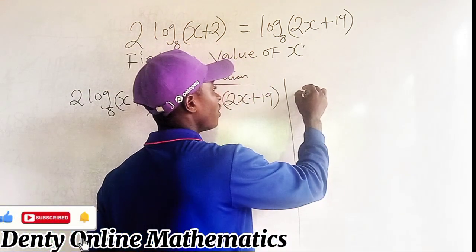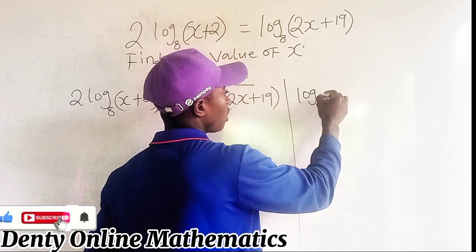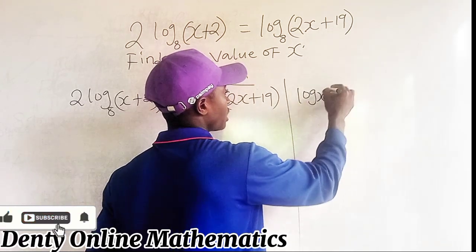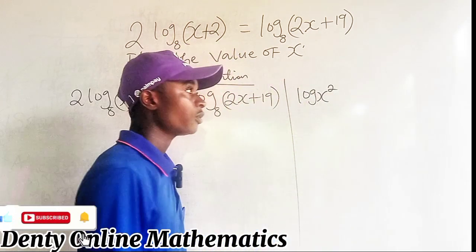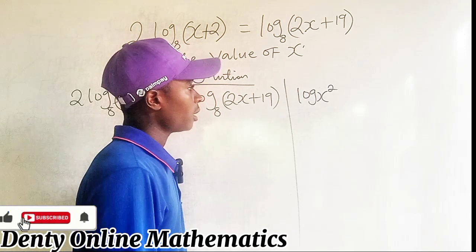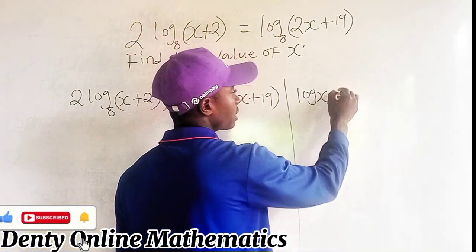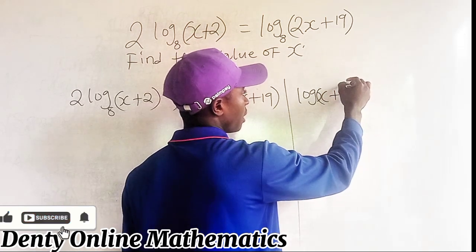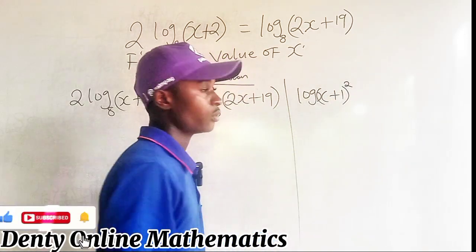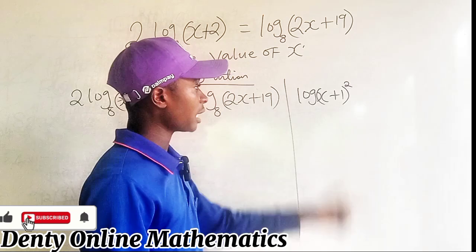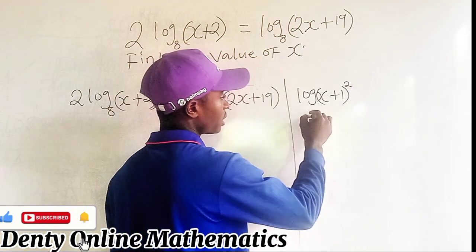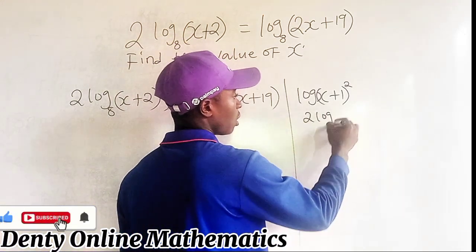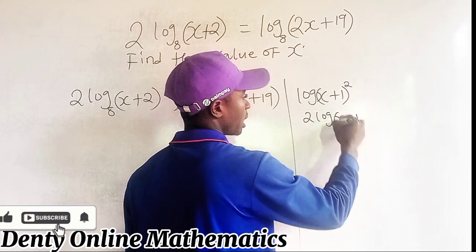If you have log of x squared, for example, or let's say if you have log of (x plus 1) all raised to the power of 2, this can also be rewritten as 2 log of (x plus 1).